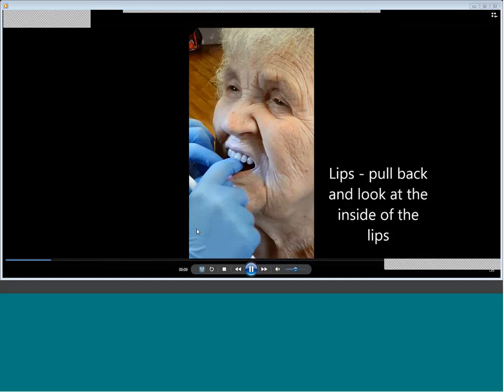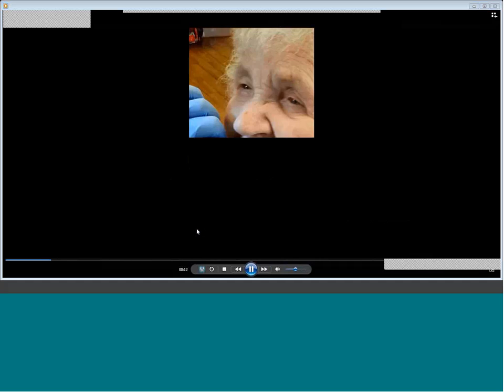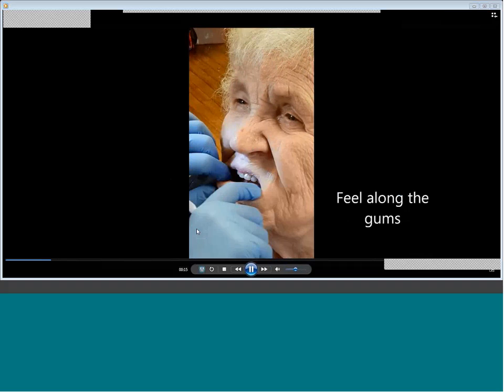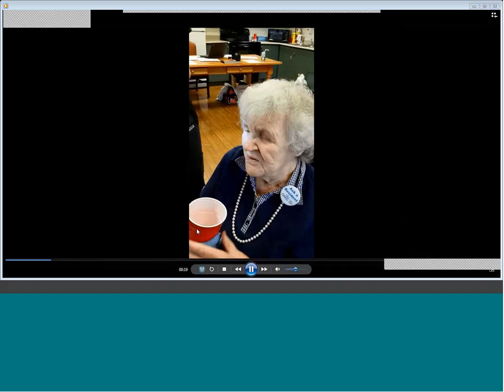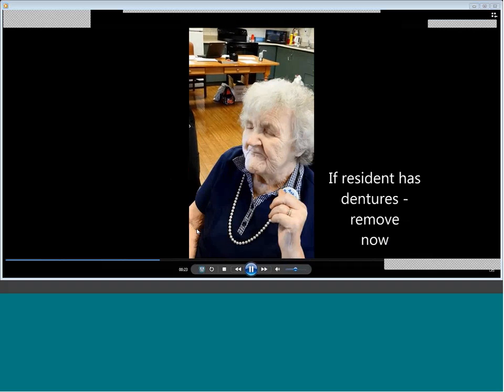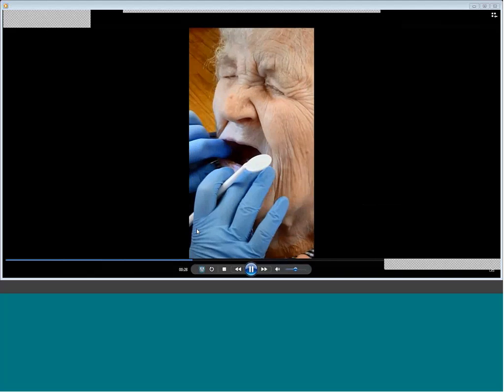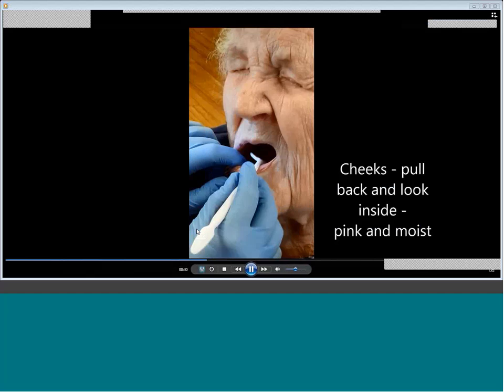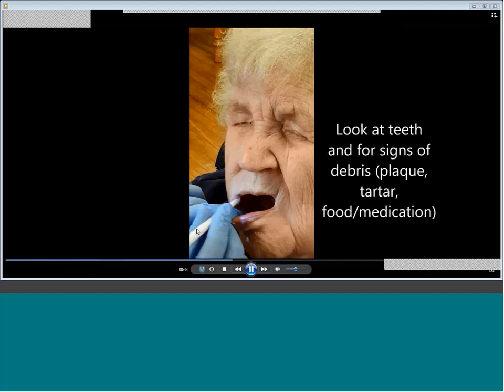Looking at the lips. Okay. Looking at the cheeks, making sure to retract the cheeks back to look in all areas.